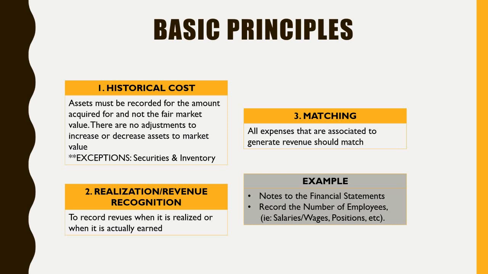So you can go ahead and enter that I have 20 employees. Now, how specific you are in your financial statements is up to whatever information you feel is necessary to explain why you have a $100,000 cost in employees. You could say 10 of them are salary based and 10 of them are wage based.